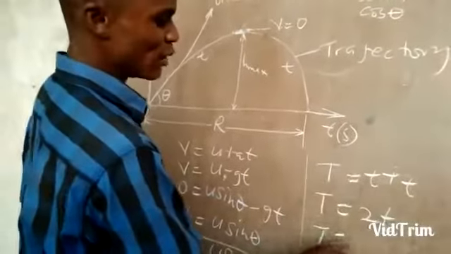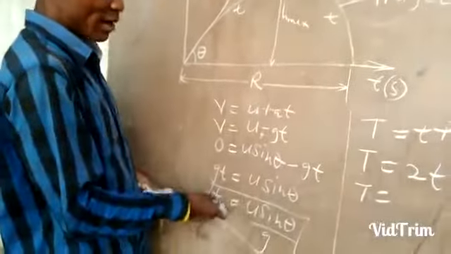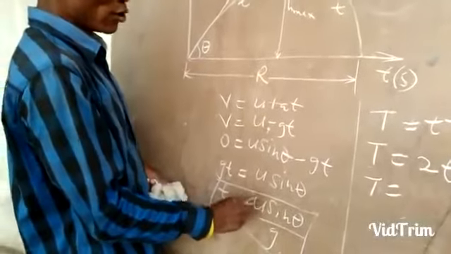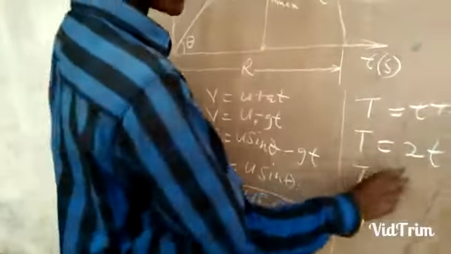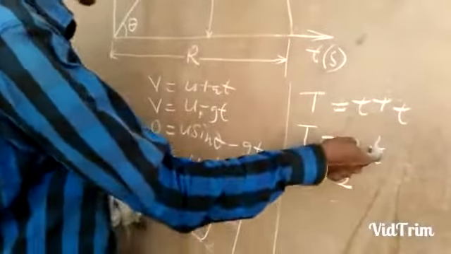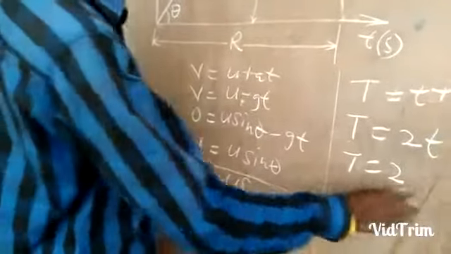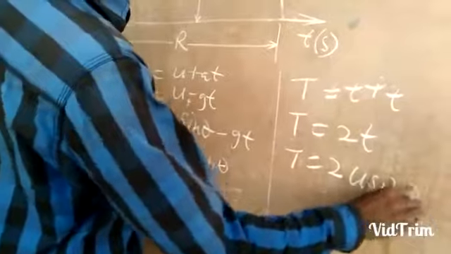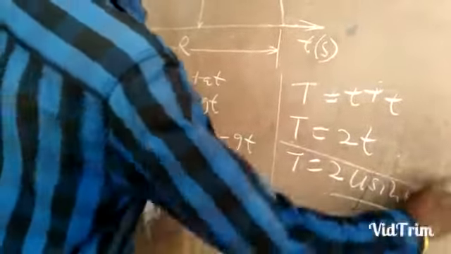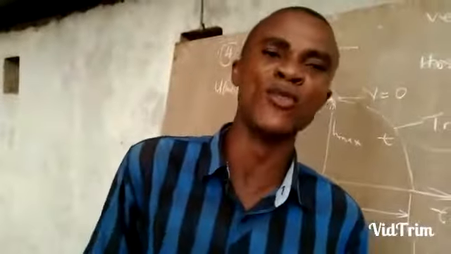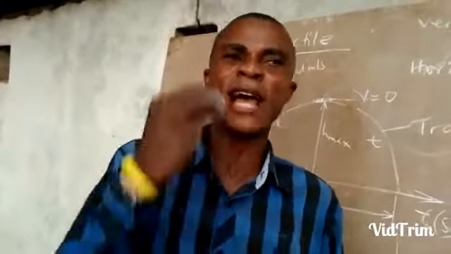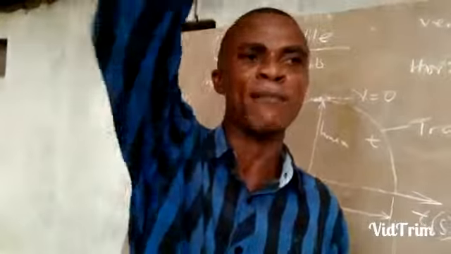Now you put the value of small t, u sine theta divided by g. So T equals 2u sine theta divided by g. That formula is the one we use to get the time of flight, anytime you are required to get the time taken by the object to go to the highest point and back to the ground.